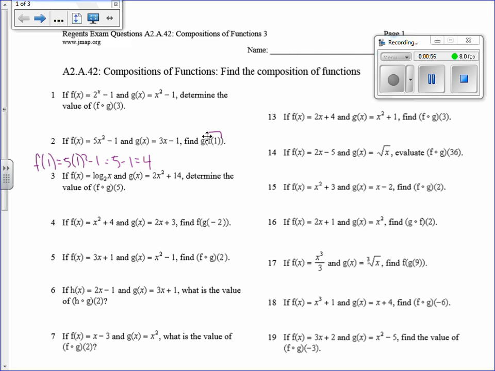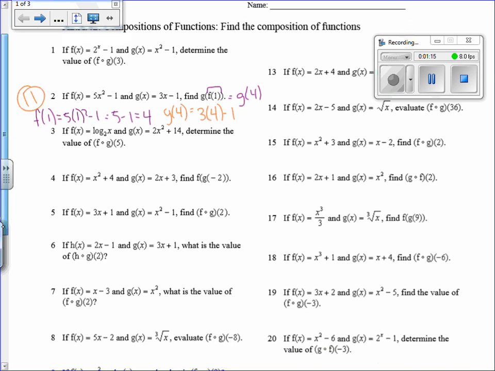So really, I'm doing G of 4. And when I plug G of 4 in, that means I'm going to do 3 times 4 minus 1, which is 12 minus 1. The final answer is 11.